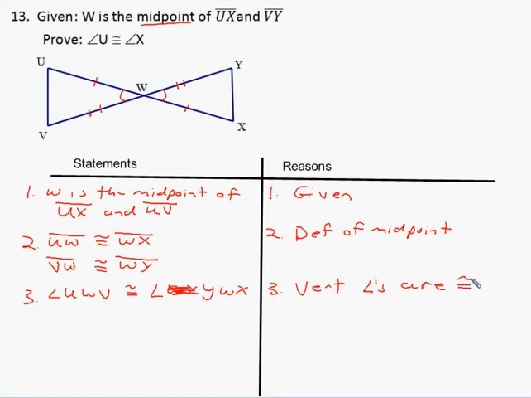So we're almost there, because that's what I mentioned earlier. If we can show the triangles are congruent, we can then show that corresponding parts are congruent. And so we know that these triangles are congruent by our figure, and marking it, we see that they're congruent by side angle side. We want to make sure we write this congruent statement correctly. So we'll write triangle UWV is congruent to triangle.